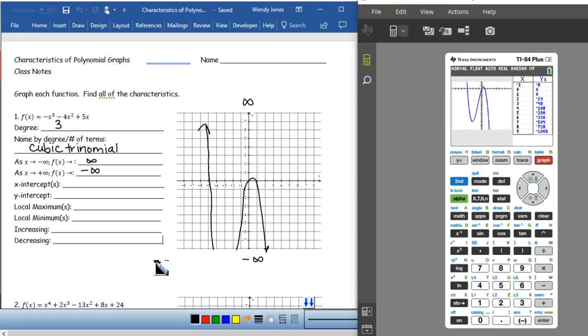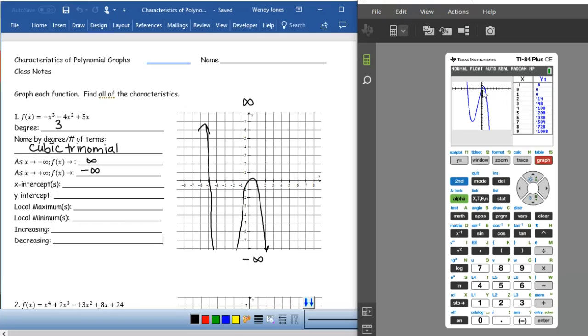Okay, let's talk about our x-intercepts. I can tell that the graph crosses the x-axis 3 times. Remember, if you're wanting to check your guesses about where it crosses, you can look over here at your graphing calculator. And what you're looking for specifically is when y equals 0. So I can tell that one of my points is at 1, 0, and then I have another point at 0, 0.